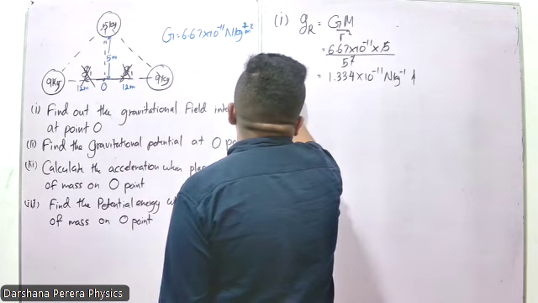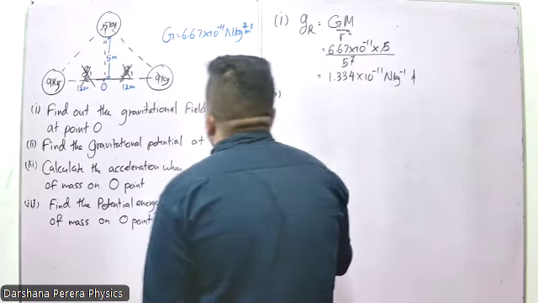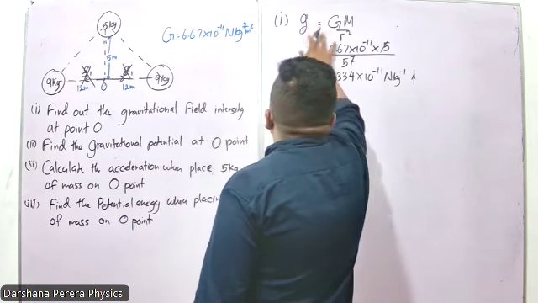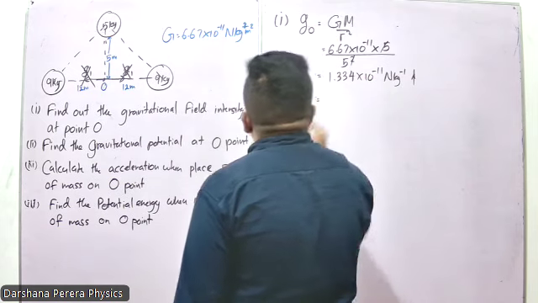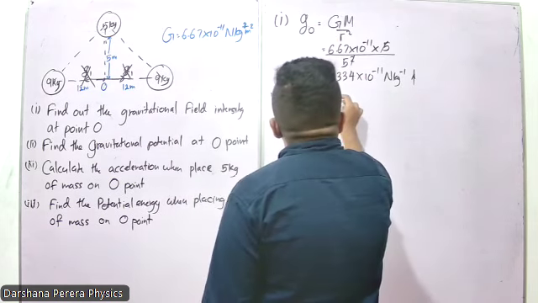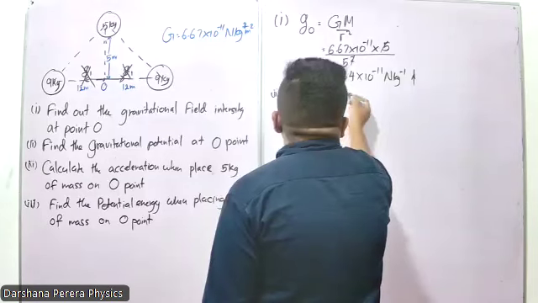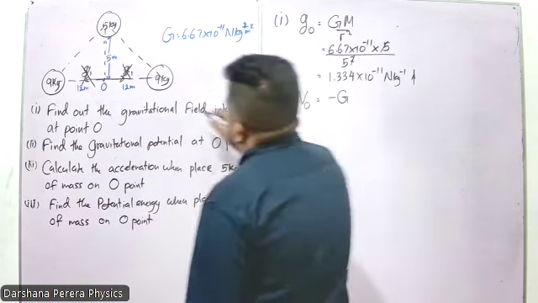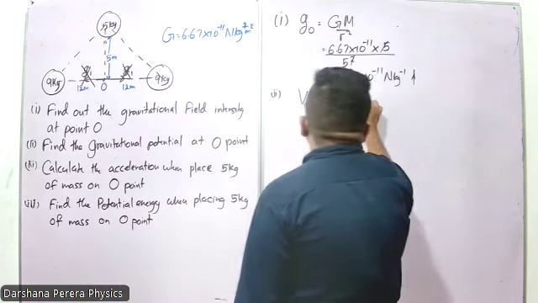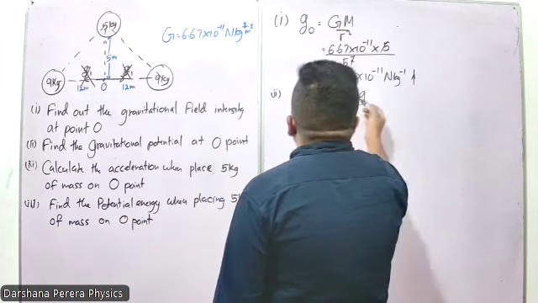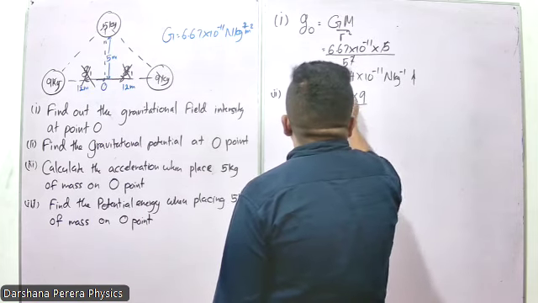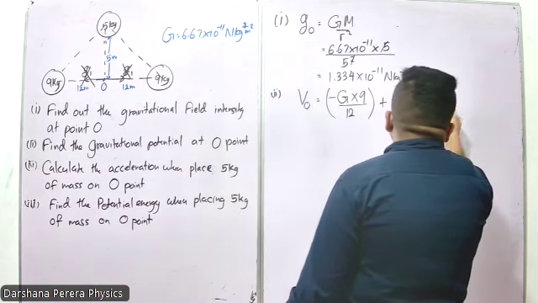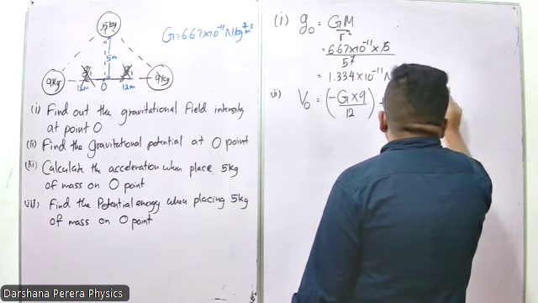So number 2, find the gravitational potential. So V O. Gravitational potential, I know GM over R, no? I take this one, G 9 kilogram over R which is 12, right? Plus G 9 kilogram over R which is 12.